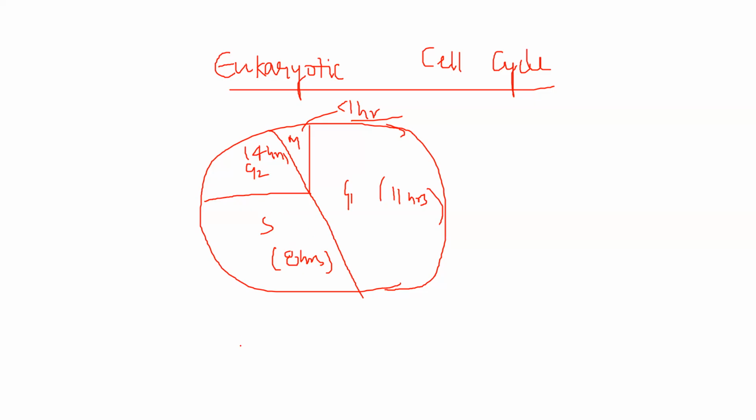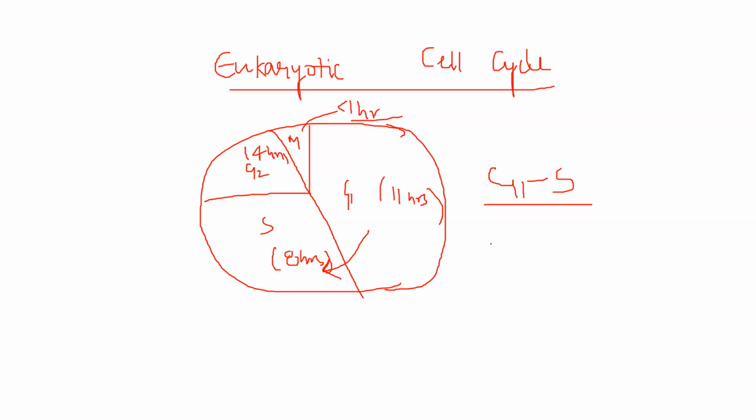So which are the different checkpoints? Firstly, the G1 to S checkpoint. When the cell goes from G1 to S, there is one checkpoint, the G1 to S checkpoint, that is very important in yeast, animals, and plants.